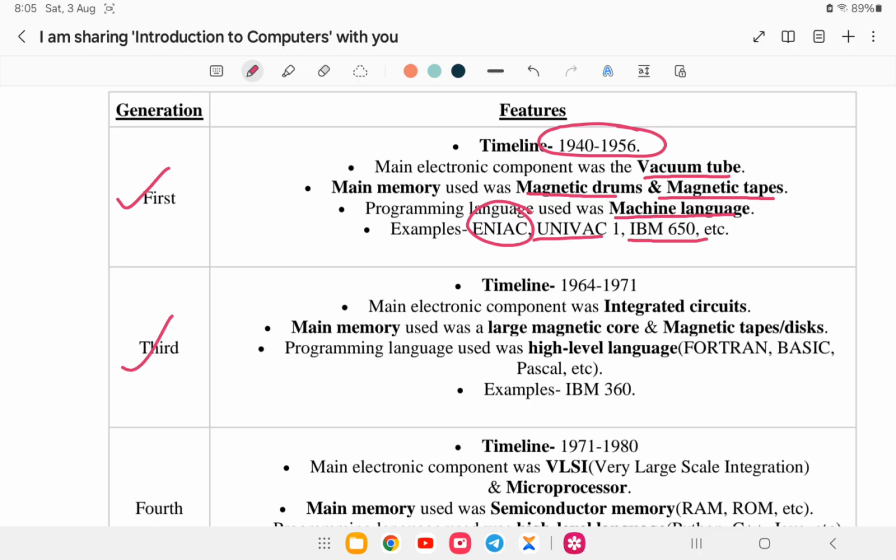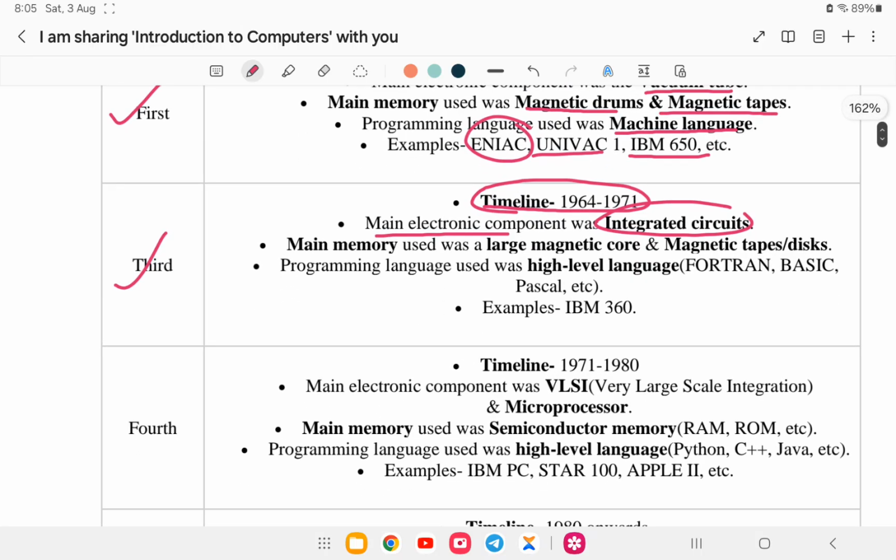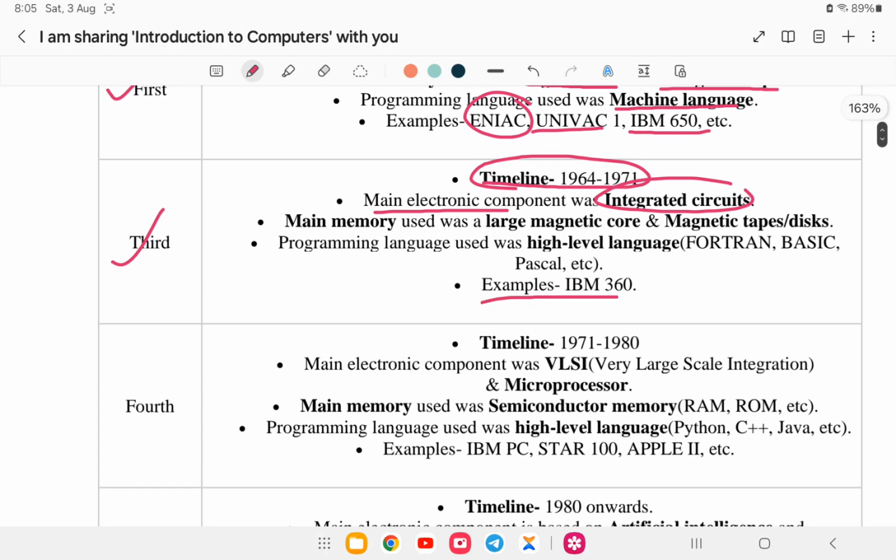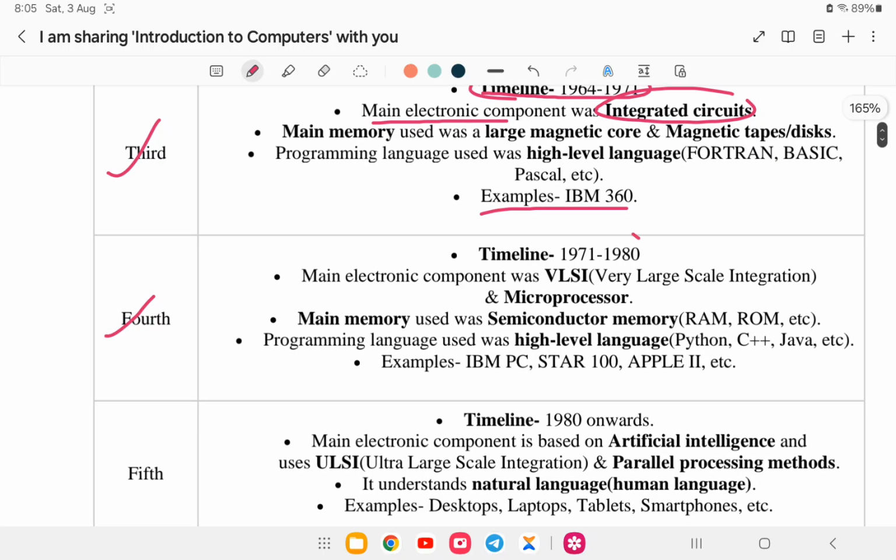The third generation computer is from 1964 to 1971, and the main component is the IC. An example is the IBM 360. The fourth generation computer is from 1971 to 1980, and the main component is the microprocessor, that is VLSI, very large scale integration and microprocessor.